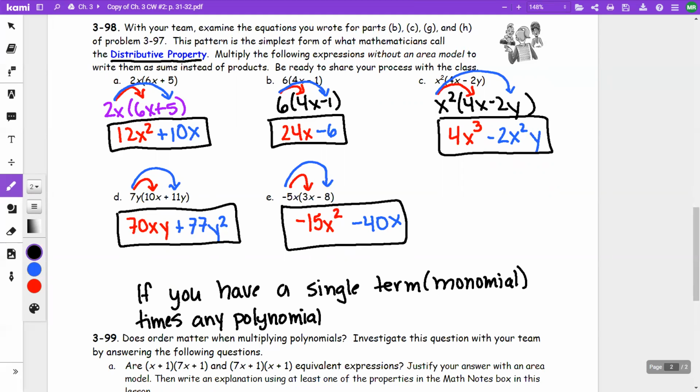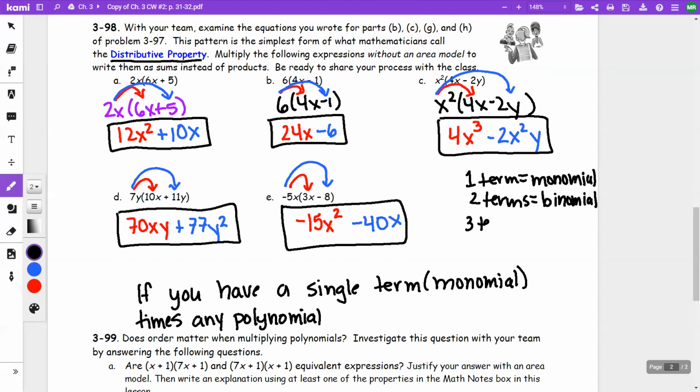Let me just put here, one term, we call it a monomial. Two terms, we call it a binomial.